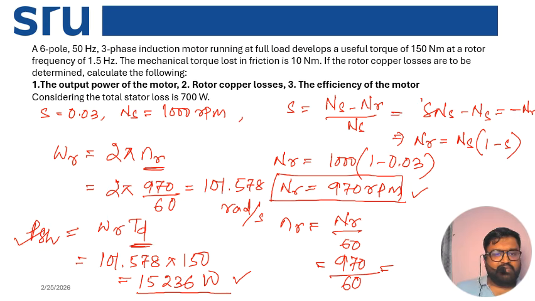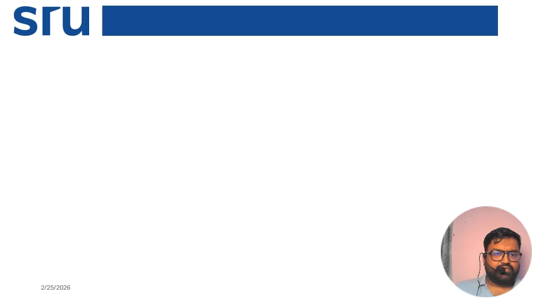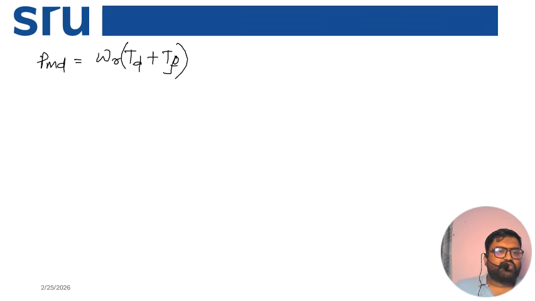Similarly, next we have to calculate the mechanical power developed. How to calculate it? The formula for the mechanical power developed, PMD, is omega R times the total torque. There are two types of torque: one is the useful torque and another is the friction torque, so the total torque is their sum.